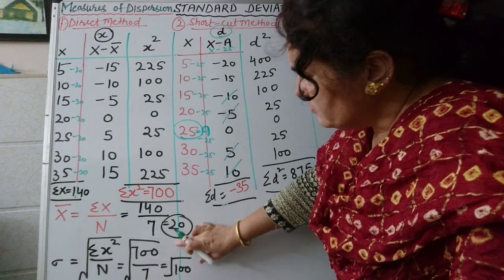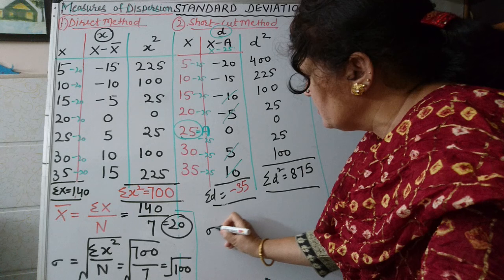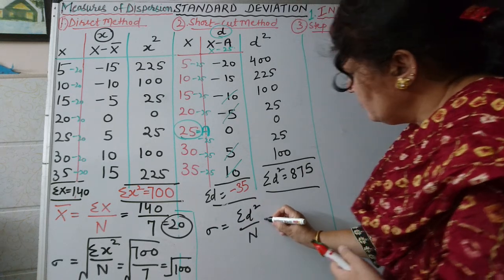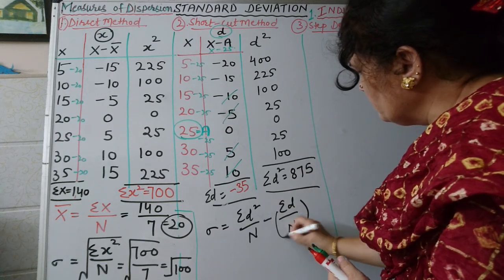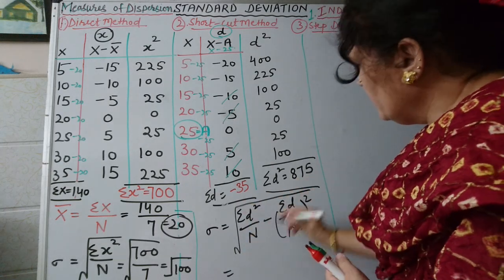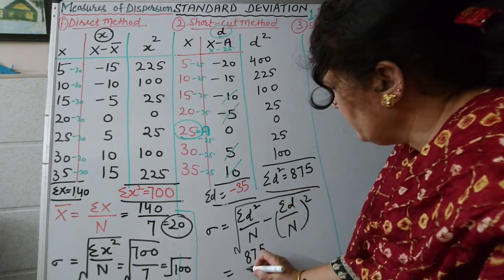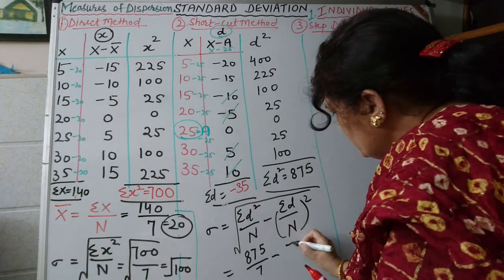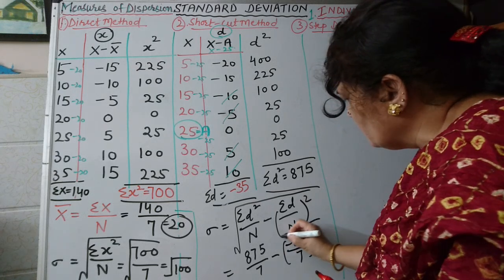And now let us put the values in the formula. Standard deviation is equal to under root of sigma d square divided by n minus sigma d divided by n whole square. The value of sigma d square is 875, divided by 7, minus sigma d, minus 35, divided by 7 whole square, whole under root.